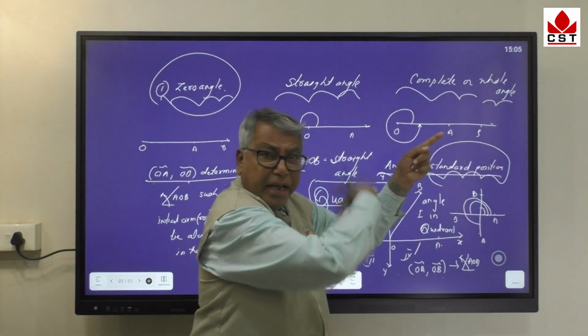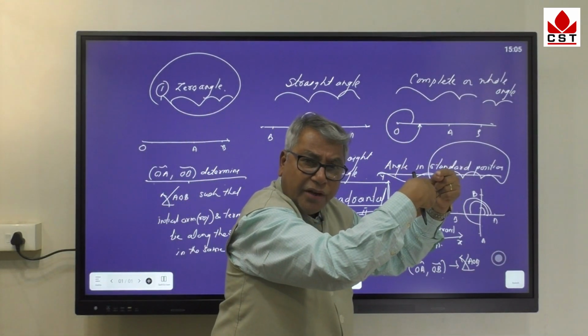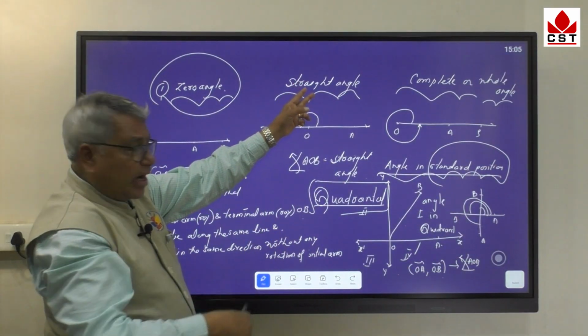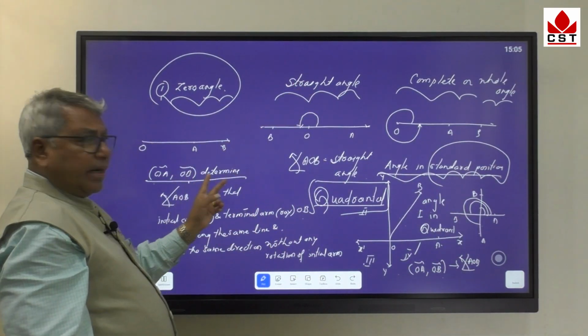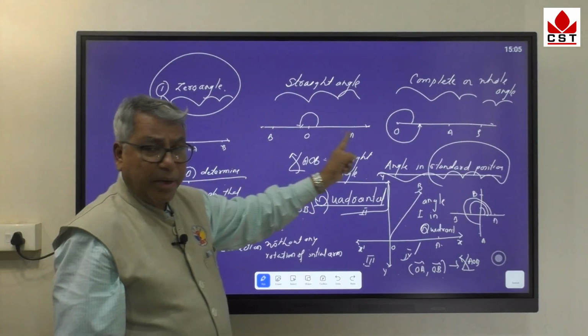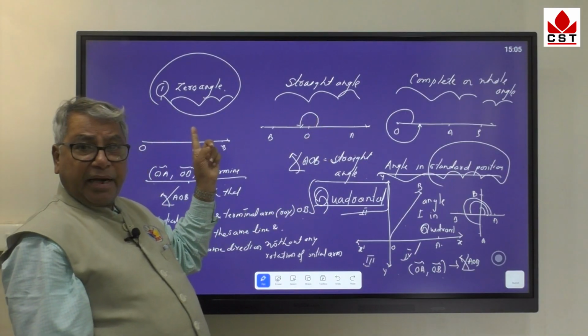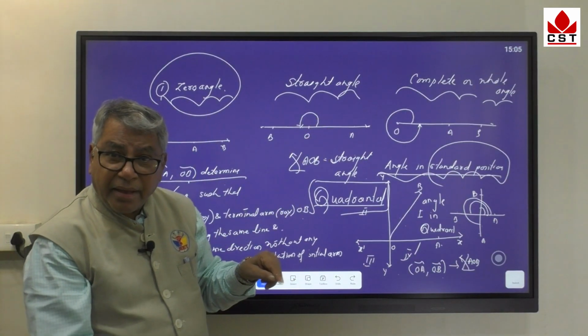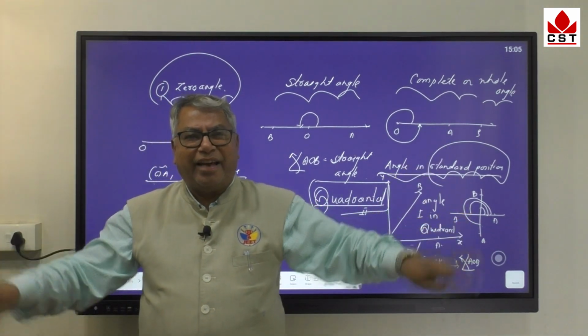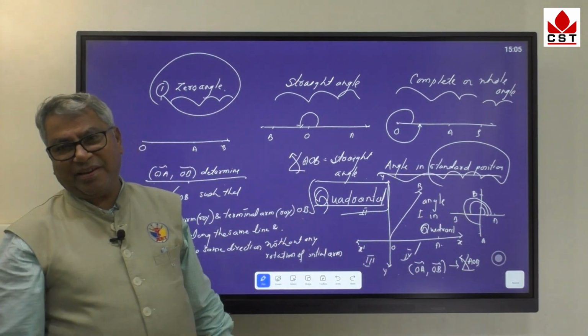And after completing one rotation, same position, a complete or whole angle, right? Third, straight angle: ray OA, ray OB determine directed angle AOB, initial arm ray OA and terminal arm ray OB lie along the same line, but in the opposite direction, correct? So this is called a straight angle.